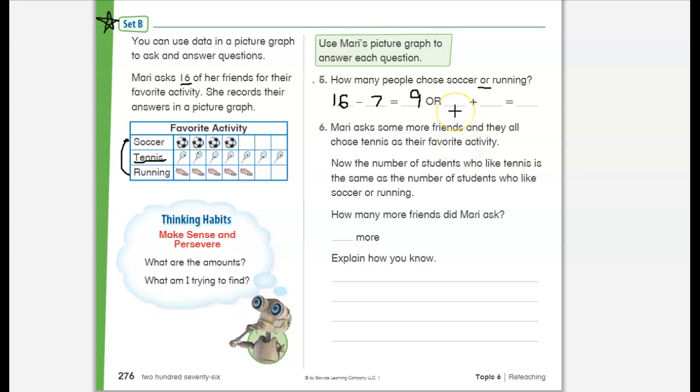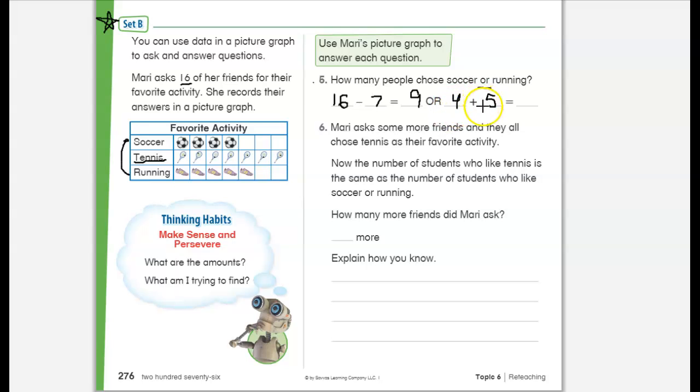To solve by addition, if we just want to know how many people chose soccer or running, we will again count only the soccer and running votes. 4 friends voted for soccer and 5 friends voted for running.